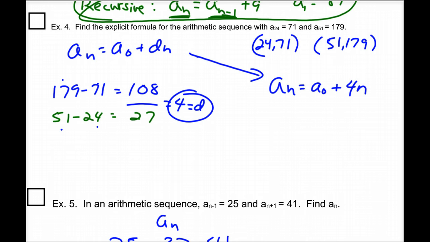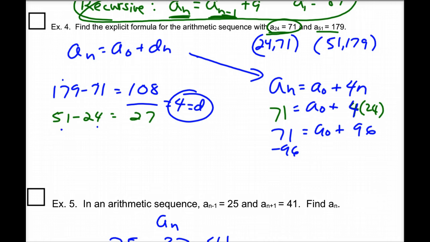my base equation, and then repeat the work that we've done in the previous two problems. Plug in one of these points, either one, doesn't matter. So let's go ahead and plug in 24 and 71 because those numbers are smaller. 71 goes in the output spot, and 24 goes in the input spot. Four times 24, 96.